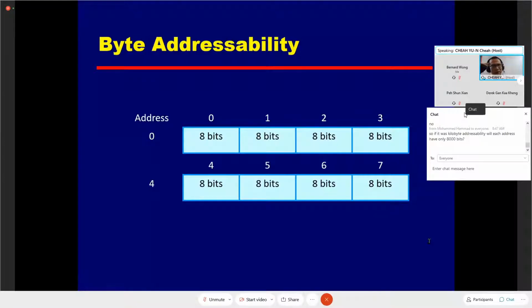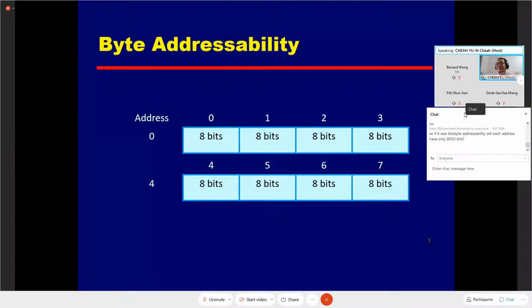Sorry, I don't quite understand your question, because the concept here is byte addressability, meaning that each byte has its address. And of course, the word length is limited. So in this case, if it's 32 bits long, you have 4 bytes in the address. I don't see why you are talking about kilobyte addressability.